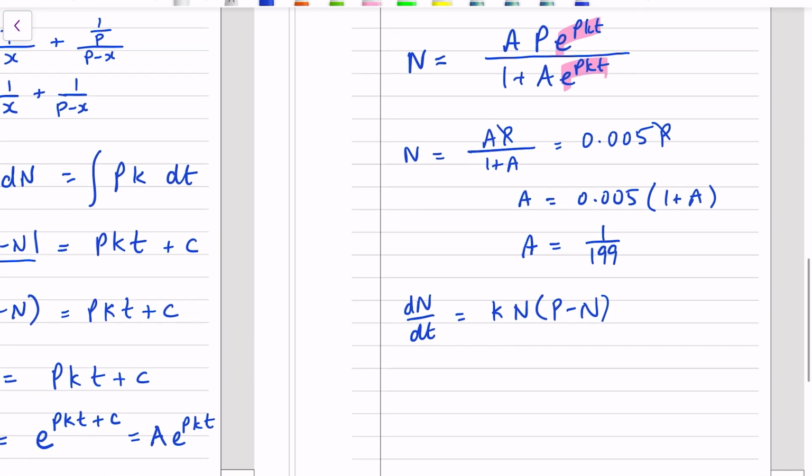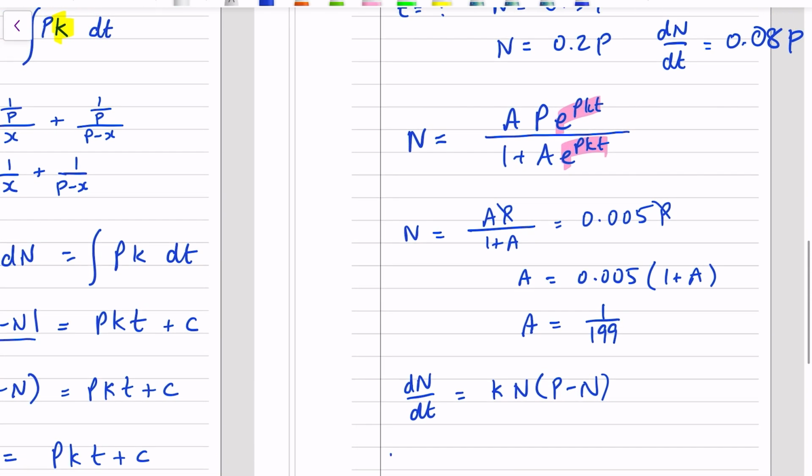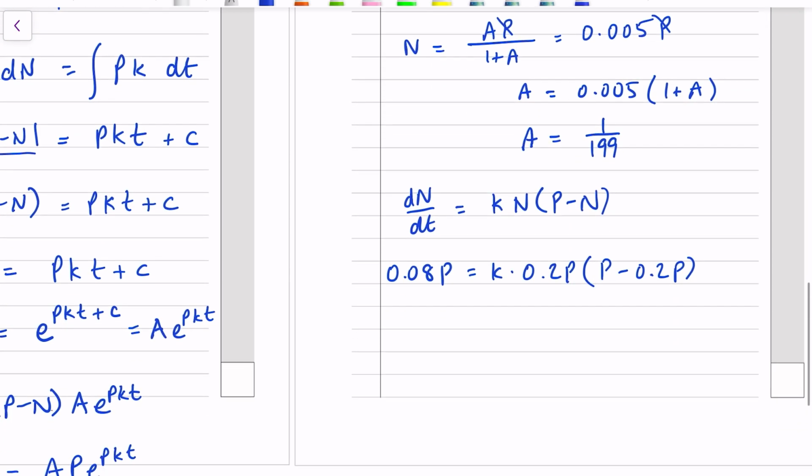Okay, so dn/dt is equal to 0.08p when n is 0.2p. We've got p on both sides of that equation, which we can cancel. And then we can divide through to find k.